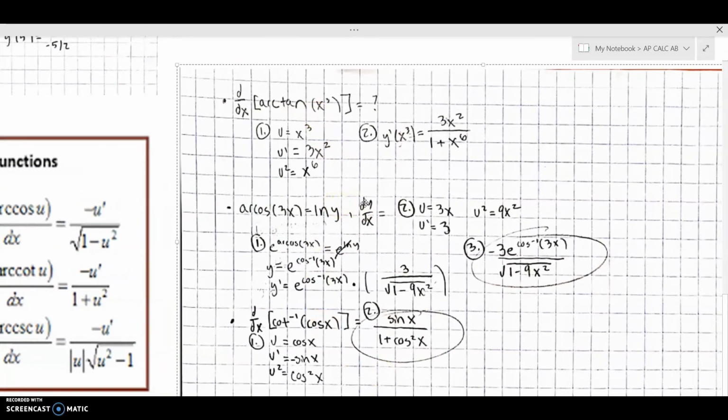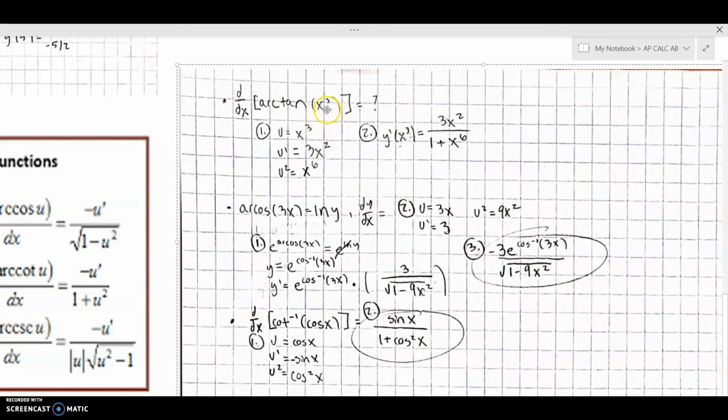So the first thing I want you to do with these types of problems is identify what u is. So u in this circumstance is x cubed, right? And then right after that, I want you to identify the derivative of this right here. So the derivative of that is, of course, 3x squared, right? And then I also want you to identify u squared. So that would be this right here squared, right? So be careful with this.